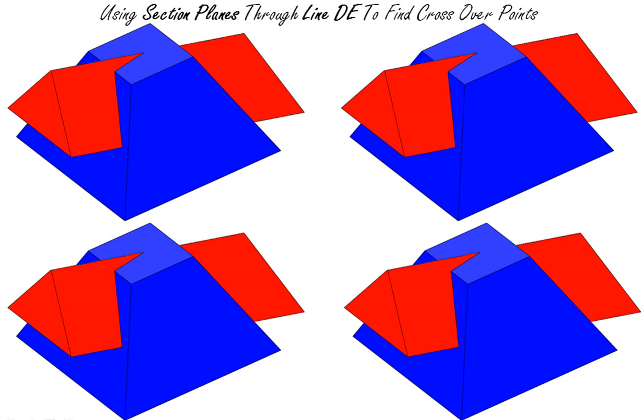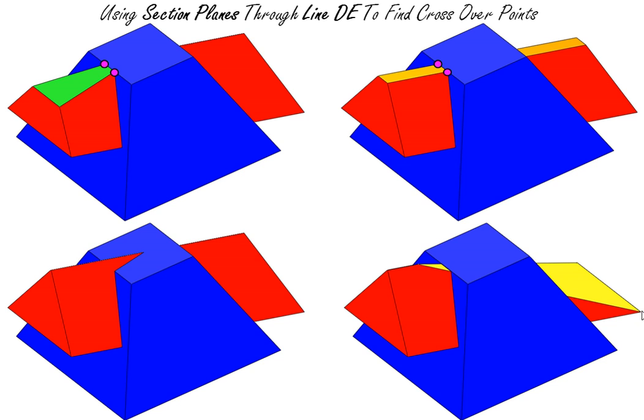First way is getting our section plane through the top surface, which is going to be a horizontal section plane. That's going to give us our two intersection points. The second way is getting a section plane parallel to the base of our triangular prism, and that's also containing the edge DE. The third way then is going to be an inclined section plane containing our back 2 points of our prism.